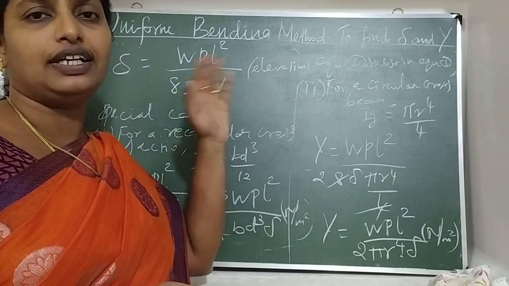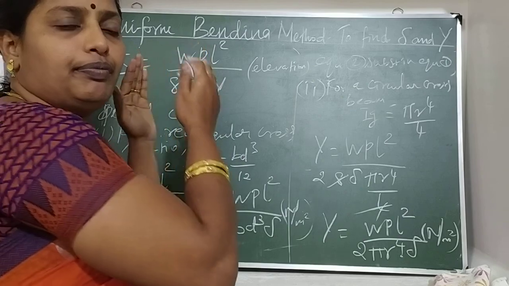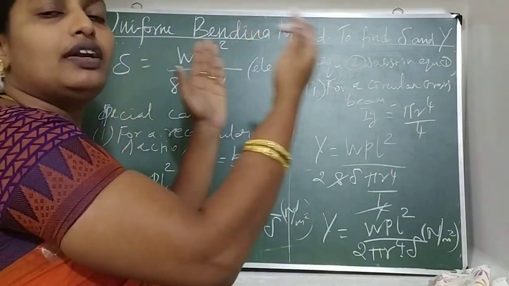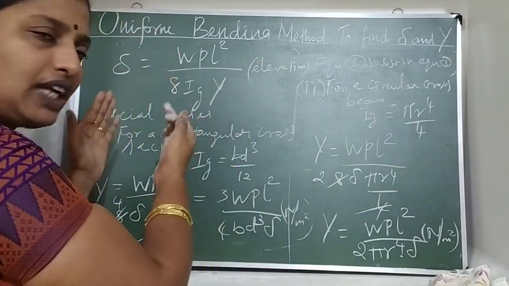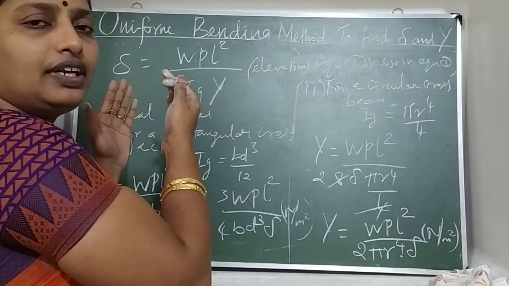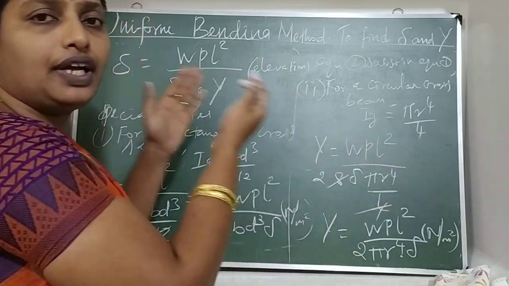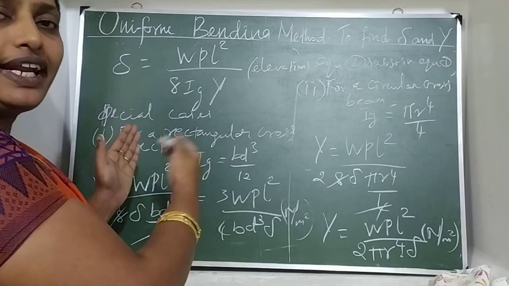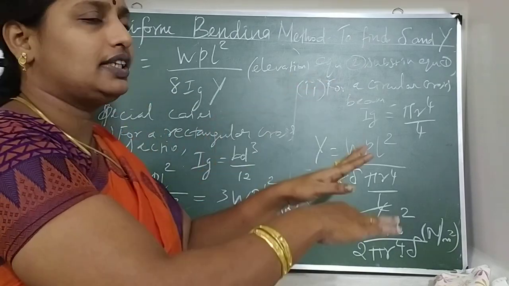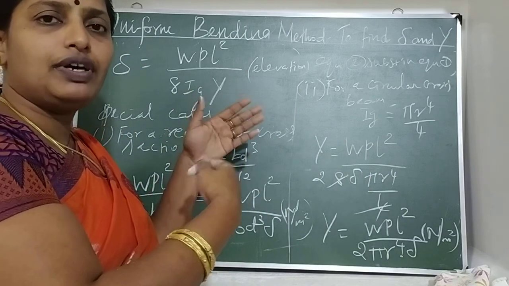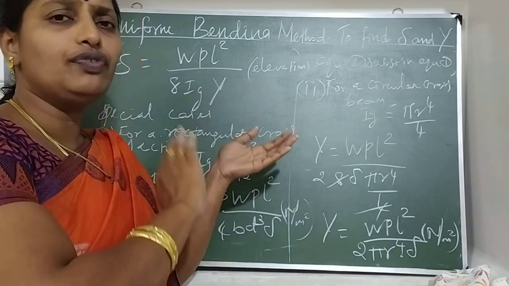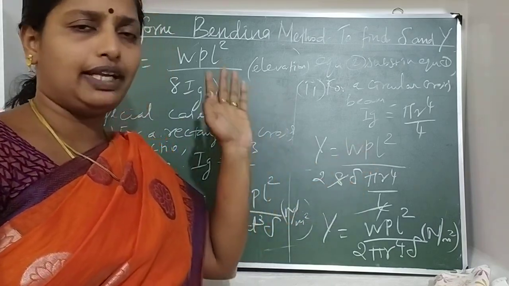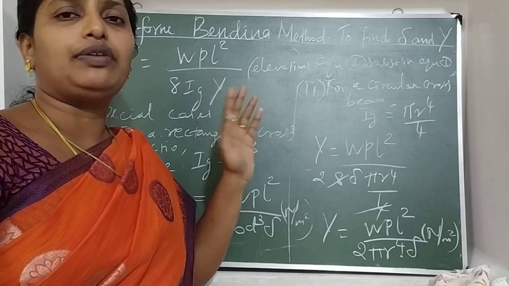You can write both diagrams, the uniform bending diagram and non-uniform bending diagram, the bending moment equations, the elevation point and depression point, and the Young modulus equations for rectangular and circular cross sections. This is 4 marks and the other is 4 marks, for 8 mark questions. Each topic can be asked for 8 marks.